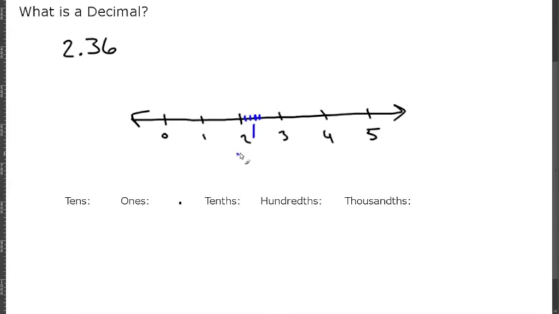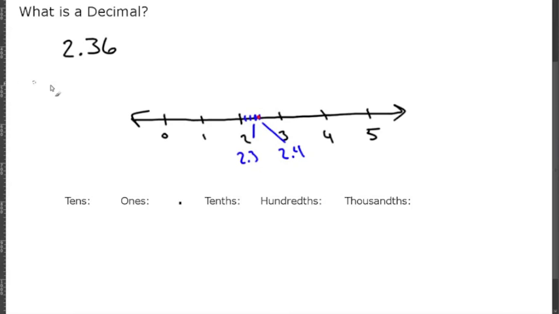So it would fall between 2.3 and 2.4. So 2.36, or 2 and 36 hundredths, would be right there on the number line.